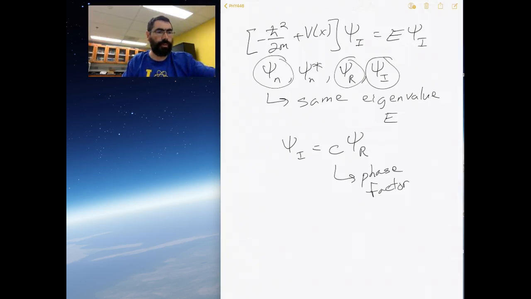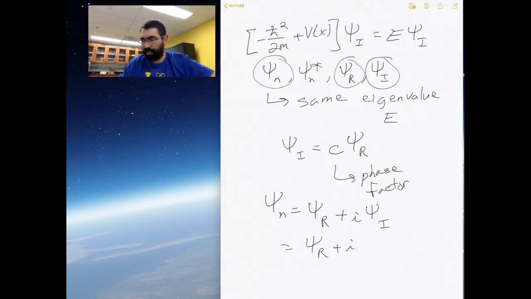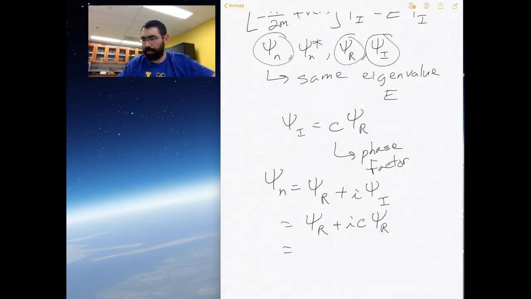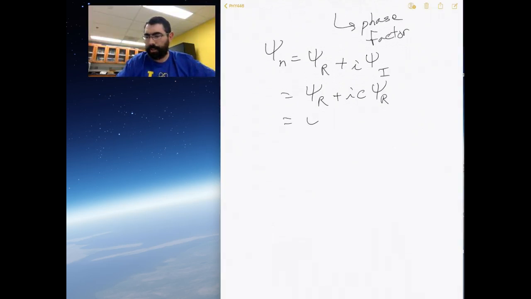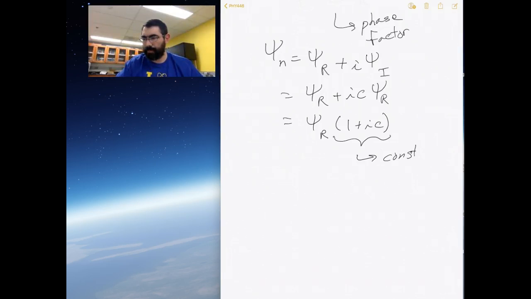Okay, so if they're related in this way, I could go back and put them into my original wave function, psi sub r plus i psi sub I, which is just psi sub r plus i c psi sub r. If I now factor out the psi sub r, then I get 1 plus i c, and everything in these parentheses is a constant.